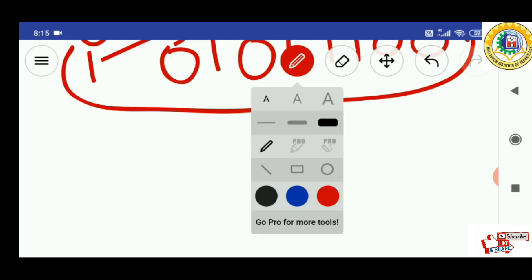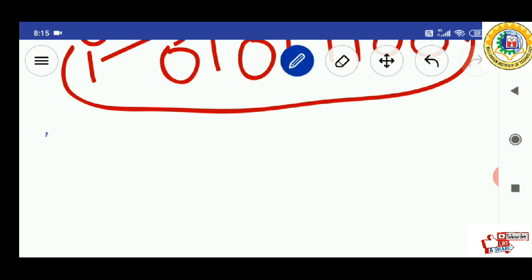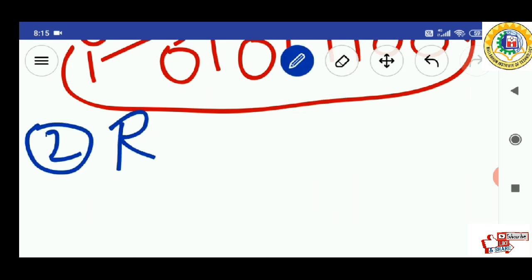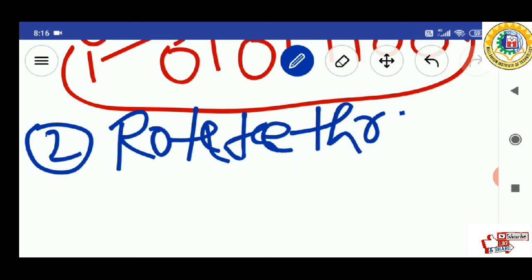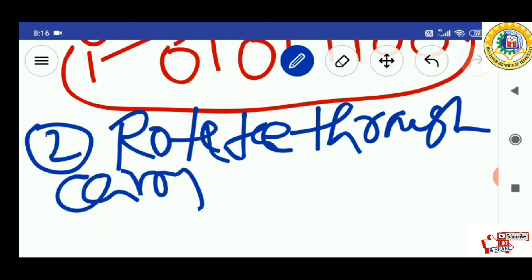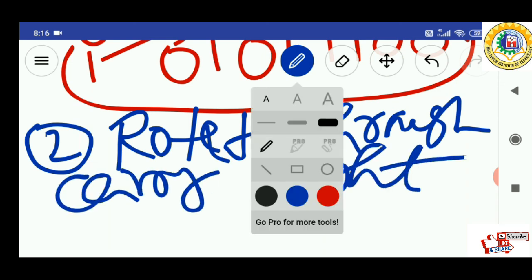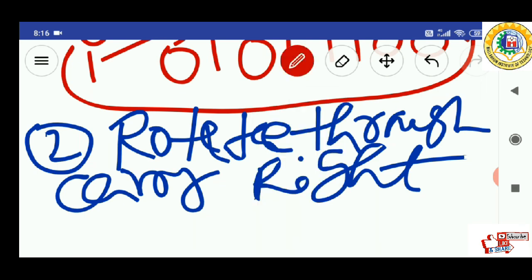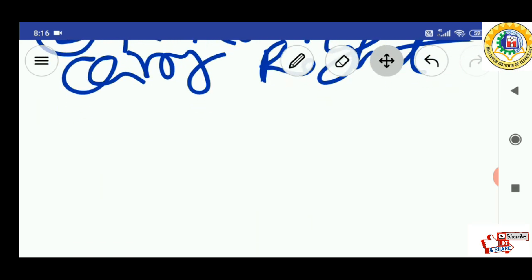And the second is rotate through carry right. This is also the same. We have considered the carry flag and the original data.